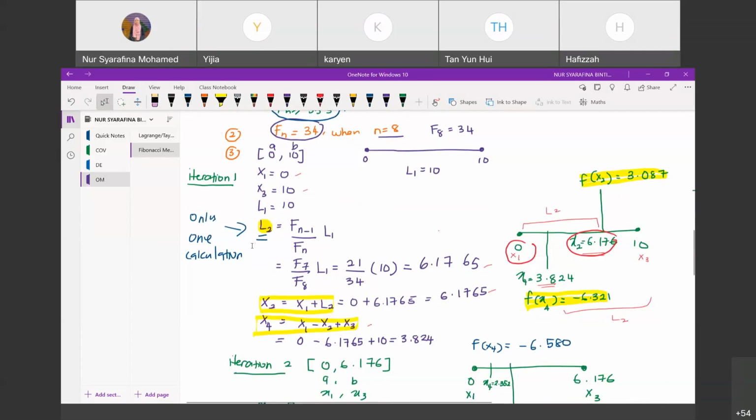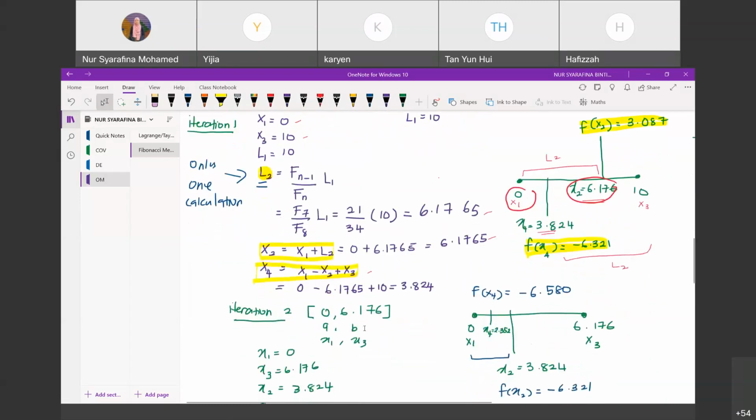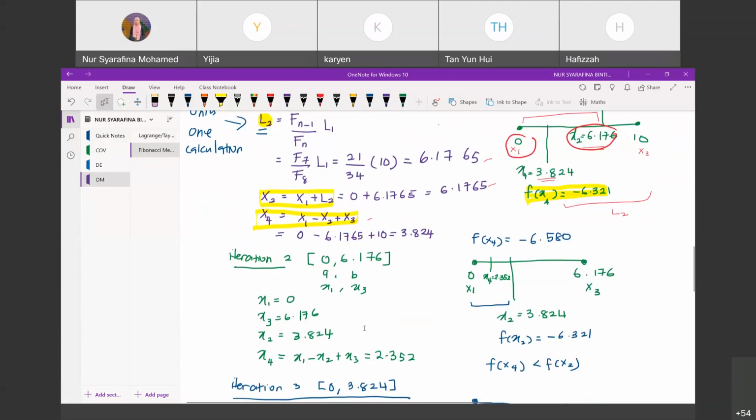And then the accuracy is given in terms of epsilon and in terms of number of iterations. So when the iteration is fixed, then the optimum solution is also fixed.